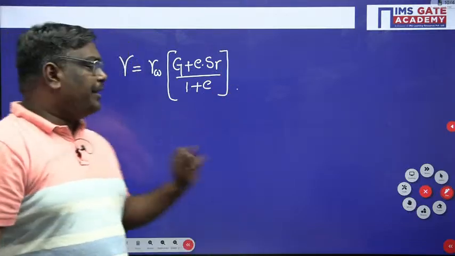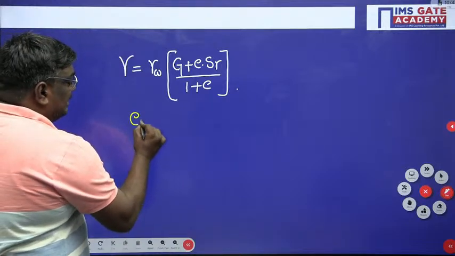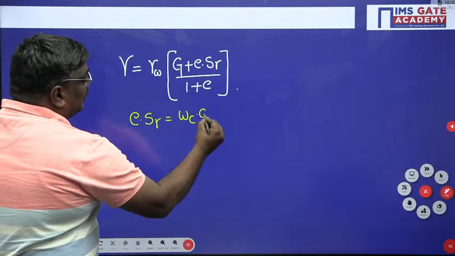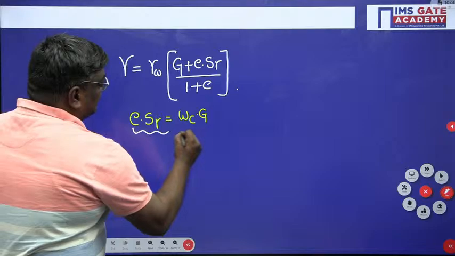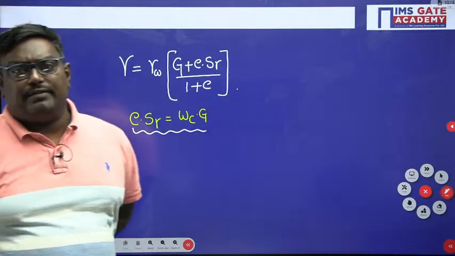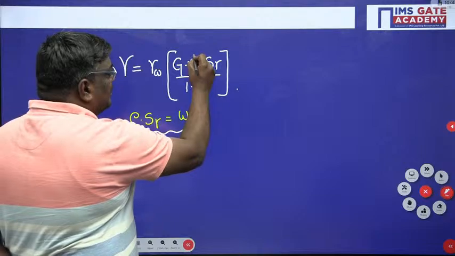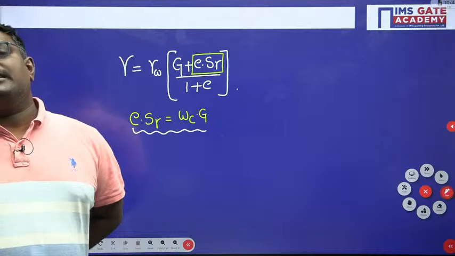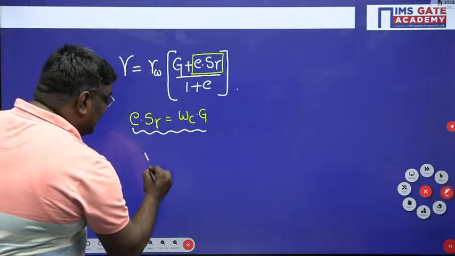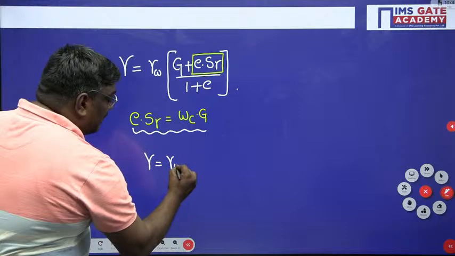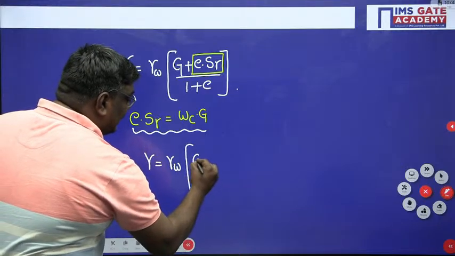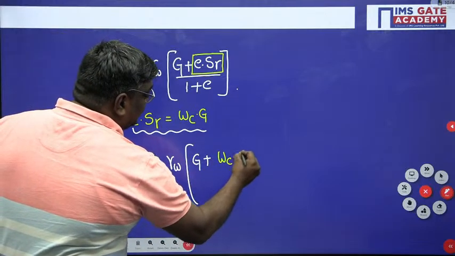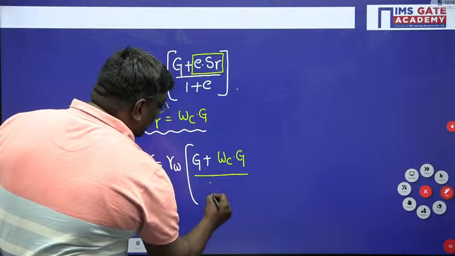And Rocky, you already told me, we already have derived E into SR can be written as water content into G, which you have studied in the first equation. Now, whatever the term E into SR, I'll replace this E into SR with water content into G. So here I can write gamma is equal to gamma W into G plus water content into G upon 1 plus E.